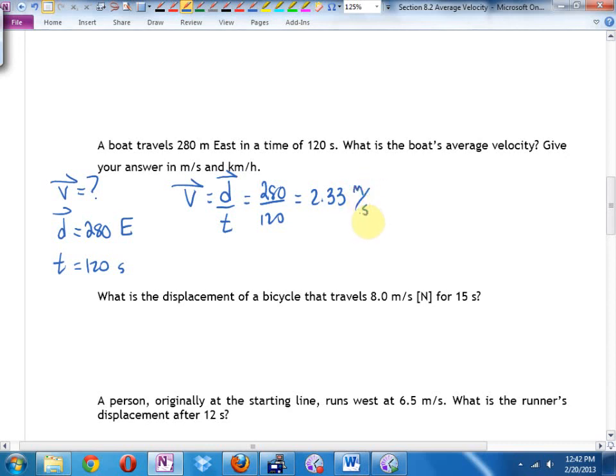That's the speed. How can I turn a speed into a velocity? Direction. What is the direction? That's in meters per second. How can I change that to kilometers per hour?